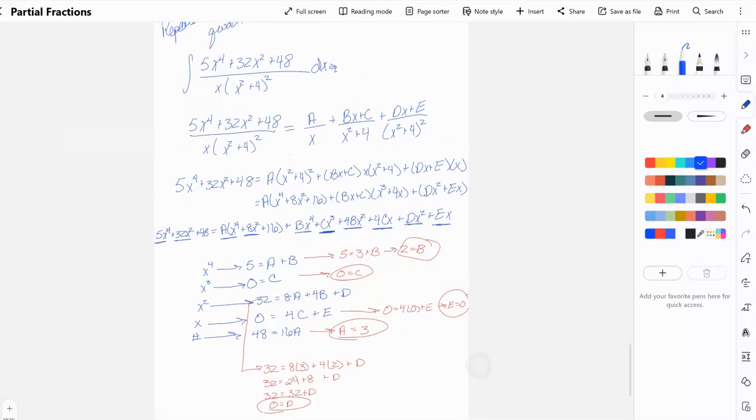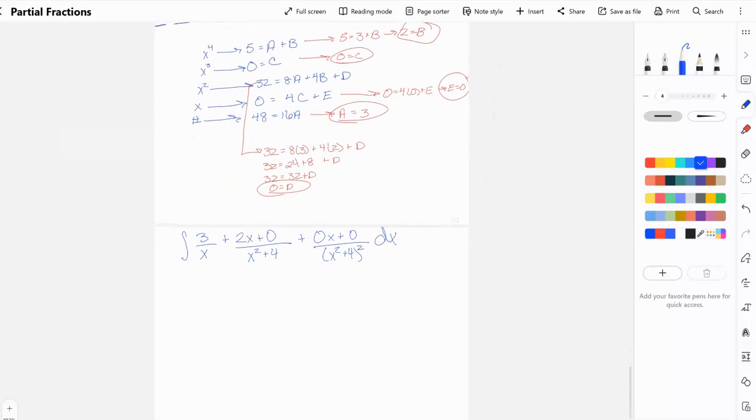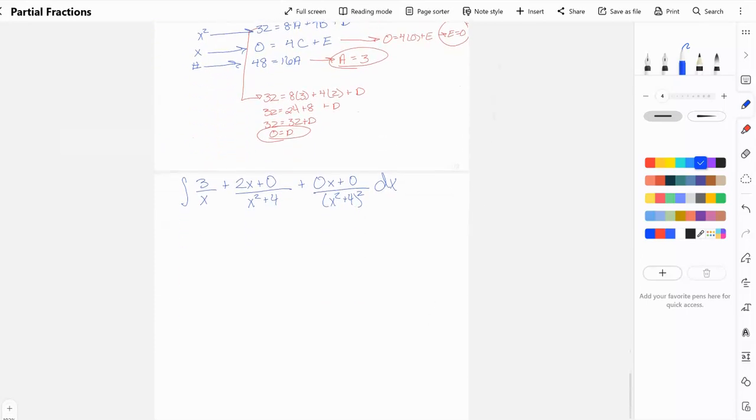So what that tells us is that this guy could actually reduce by a factor of x squared plus 4 if we were to factor that numerator. So this is going to be 3 over x plus 2x over x squared plus 4. And this is going to be 3 ln absolute value of x. This is already in the form of du over u, so it's going to be plus ln of x squared plus 4 plus c. And the absolute value is really not necessary here because that guy's always going to be positive. So we could write that this way.